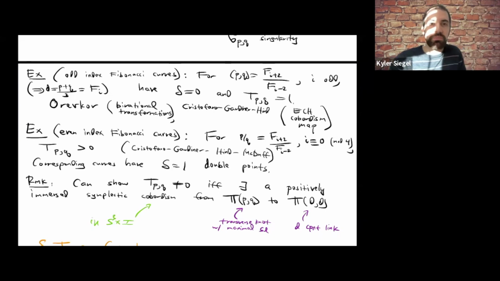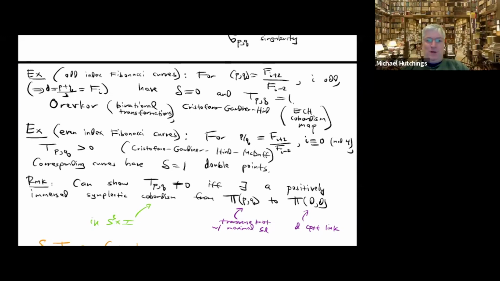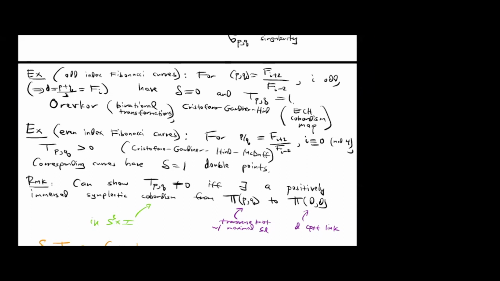But anyways, we should chat more about that. Yeah, we can talk about that later. It's a local picture. You just need any example of curves anywhere, and then you can make this thing.